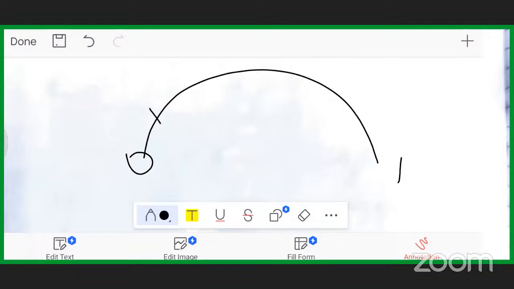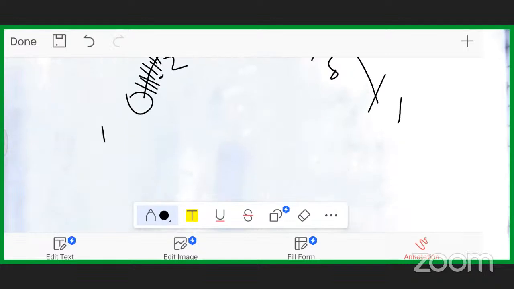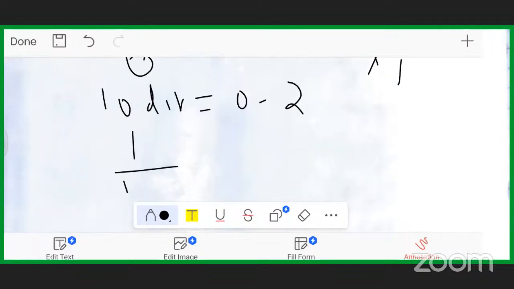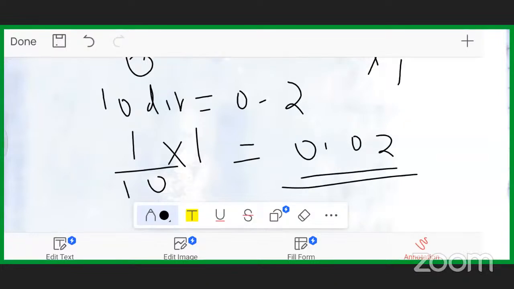So you have this as maybe 0.2, then 0.4, then 0.6, then 0.8, and then there is 1. Then you check how many divisions you have in between. If the divisions are 10, again you ask yourself that for 10 divisions I'm having 0.2. What about 1 division? You will see that it's about 0.02. So this allows you to record your readings to 2 decimal places.